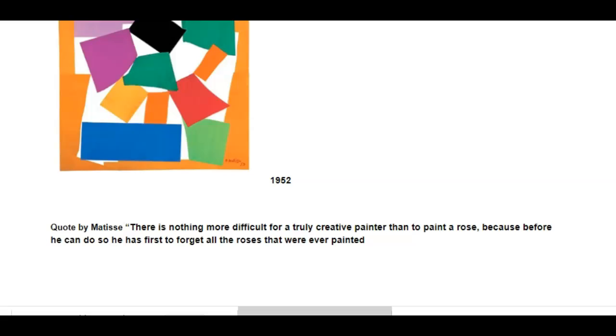So on the handout is that quote. I need you to tell me, what did Henri Matisse mean? After looking at some of these pieces of artwork by Henri Matisse, what do you think he meant by that quote?